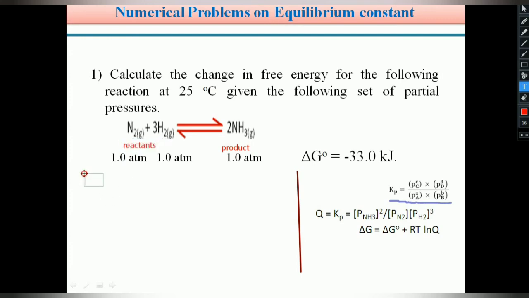Therefore, we can solve this problem in a very easy manner.